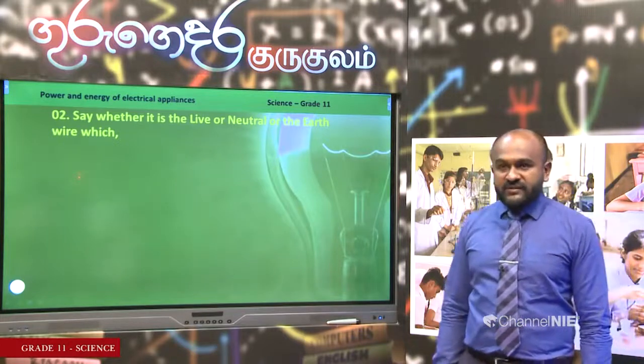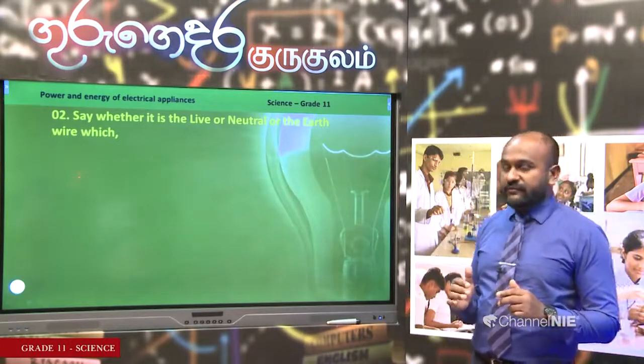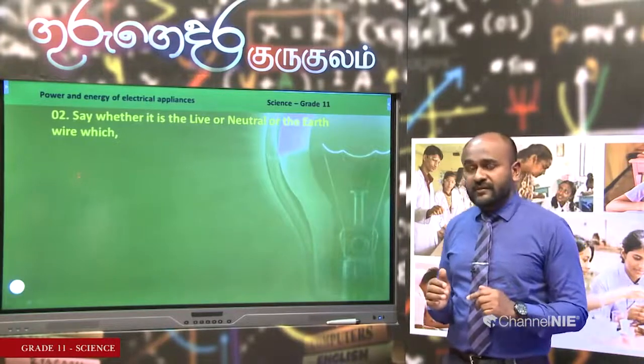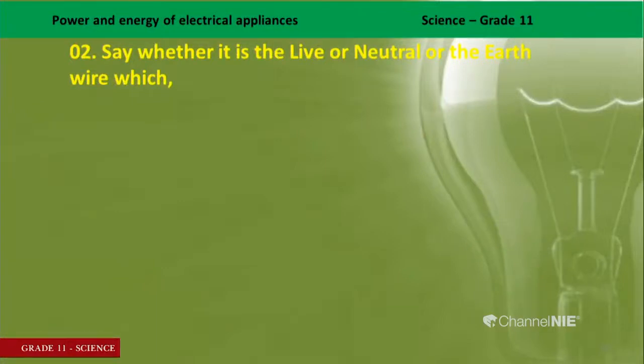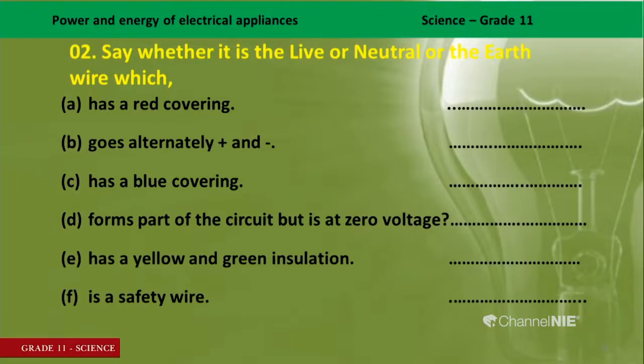Now I have another question for you. In the first one we fill the blanks. I think you must have enjoyed it. Now let us go to the next one. Say whether it is the live or neutral or the earth wire which, you can see the questions on the board, has a red covering, goes alternately plus and minus, has a blue covering, forms part of the circuit but is at 0 voltage, has a yellow and green insulation and is a safety wire.